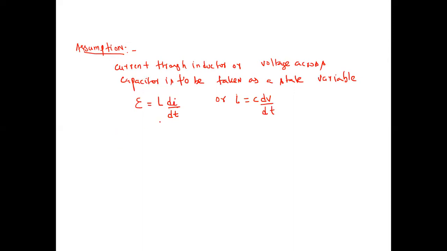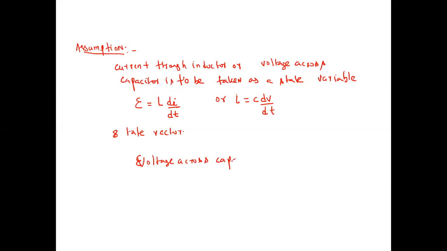Now let's define this. The state vector is basically a vector which contains the state variables as elements. So we need to express these state variables in a state variable equation form. Prior to that, suppose I have expressed this voltage as E, the voltage across the capacitor.